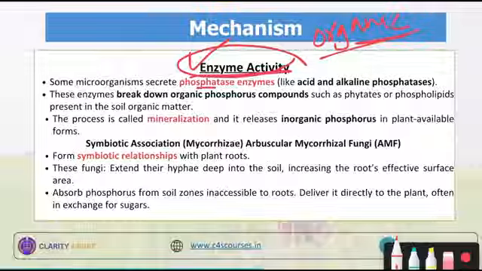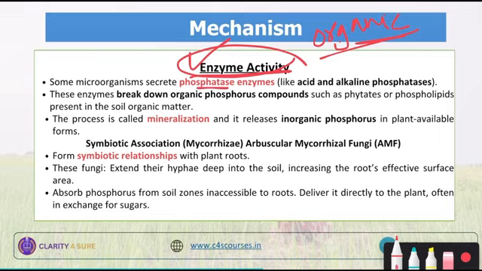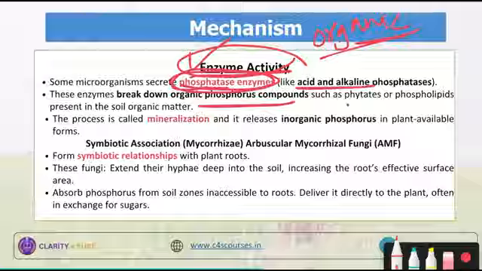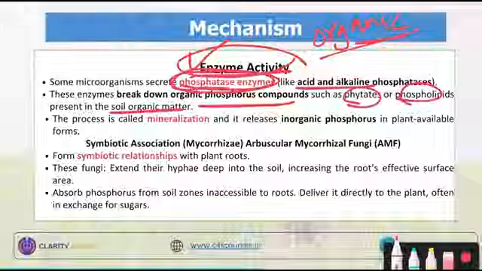So some microorganisms secrete the phosphatase enzyme. This is the key factor here. Phosphatase enzymes like acid and alkaline phosphatase are going to break down organic phosphorus compounds such as phytates or phospholipids, which are present in soil organic matter.